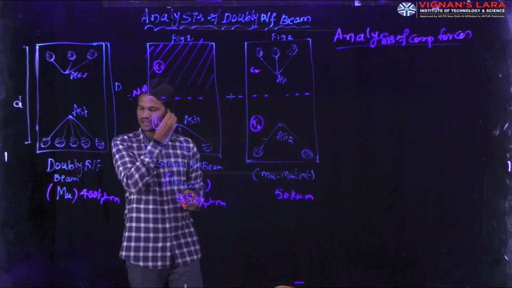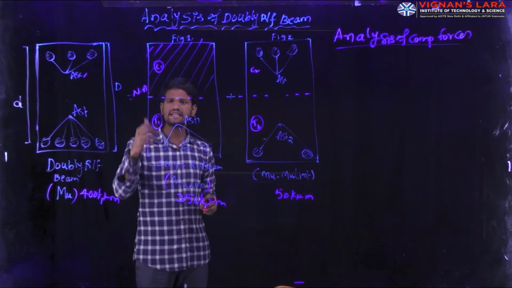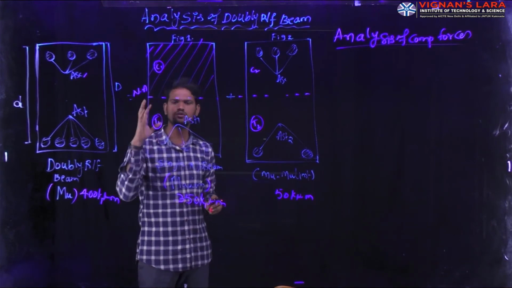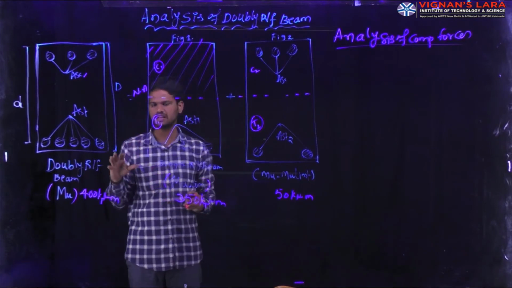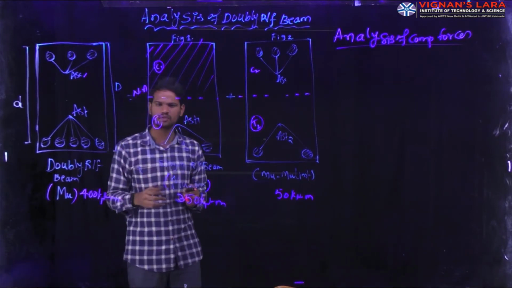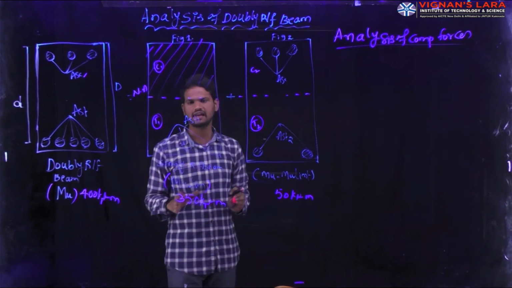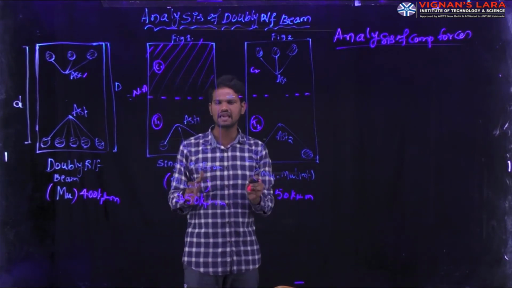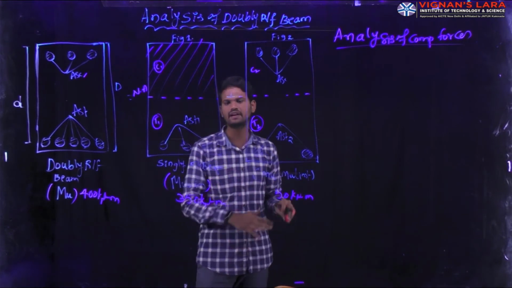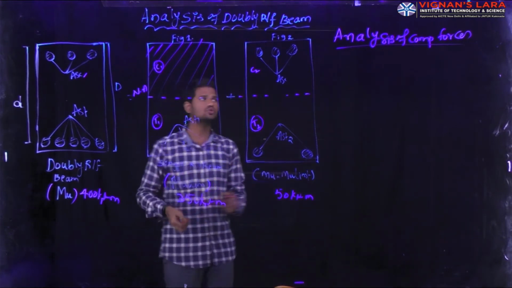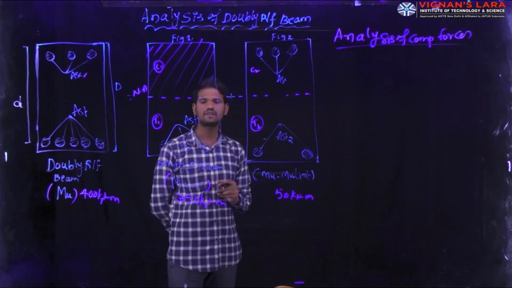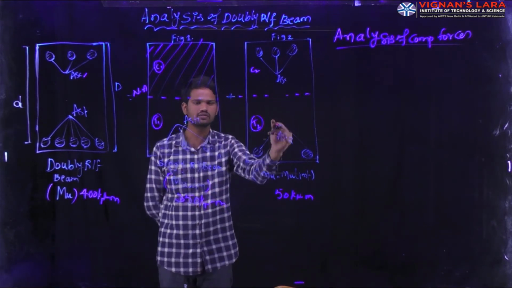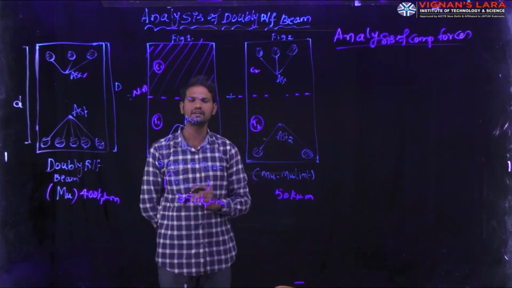The procedure you are adopting in the singly reinforced beam is the same, so you need not worry about the analysis or design of the doubly reinforced beam. If you clearly understand the analysis and design of the singly reinforced beam, the same analysis steps will be repeated here. First we will calculate the compressive force for the singly reinforced beam as well as the compressive force for this additional moment section.